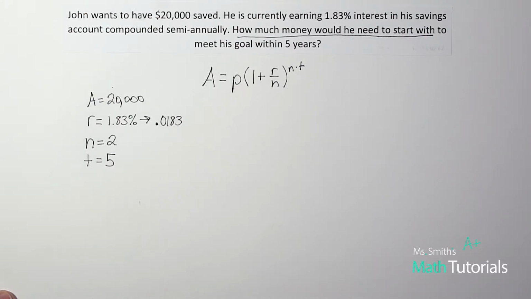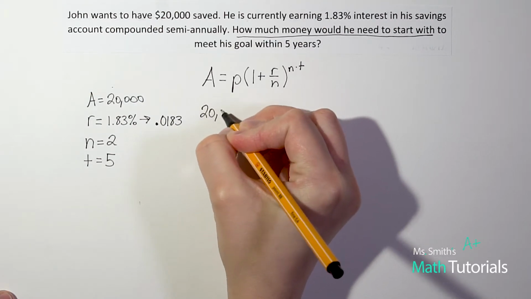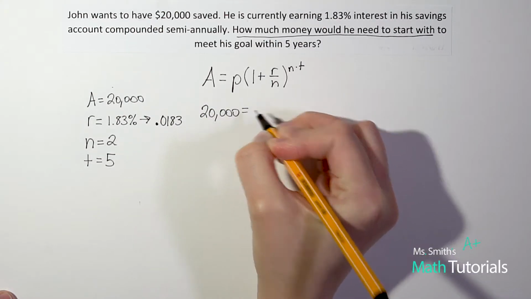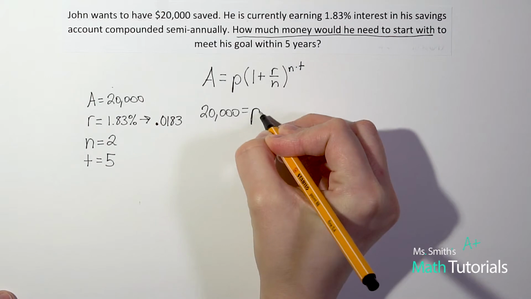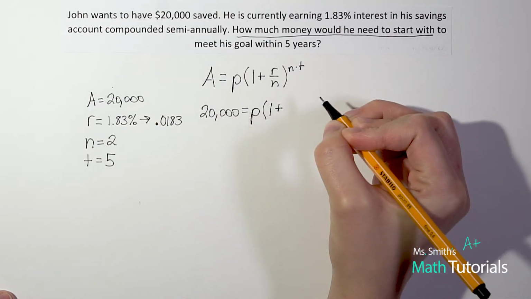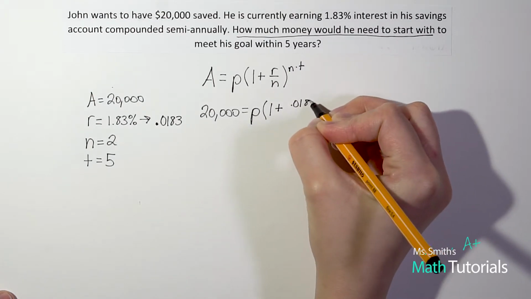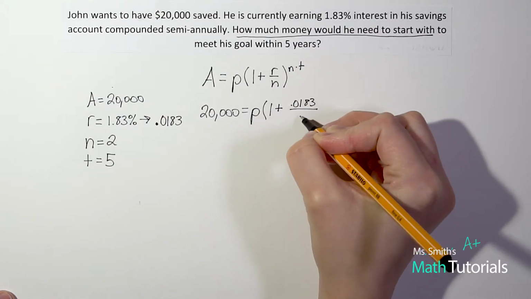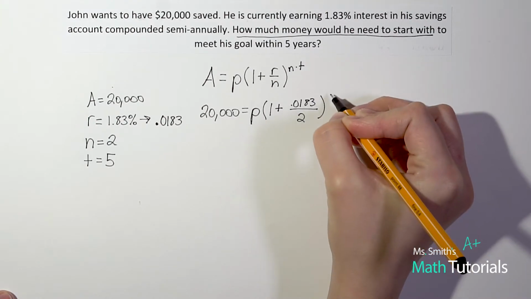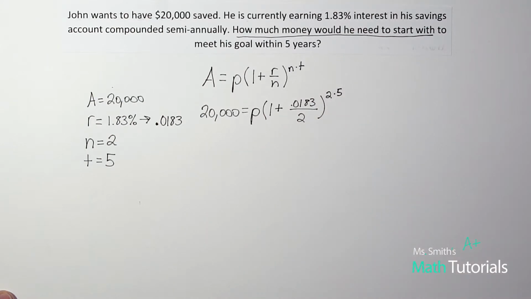So let's plug in what we do know to the formula. So A is 20,000. P, we don't know, so we're just going to leave it as P. 1 plus R, so that was our 0.0183 over N, 2, to the power of N times T, 2 times 5.